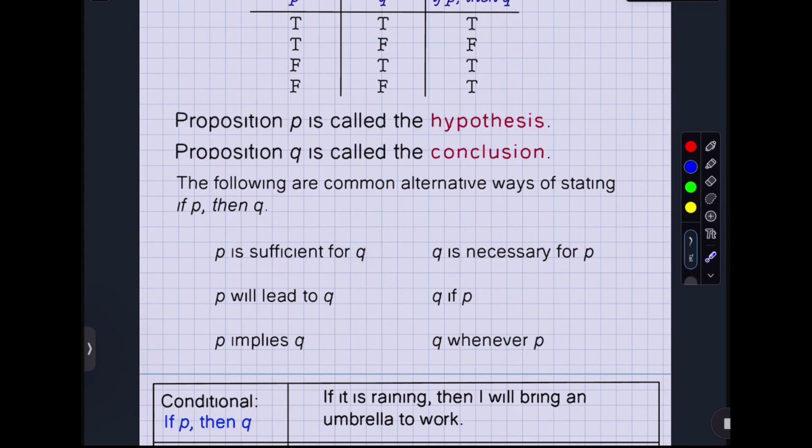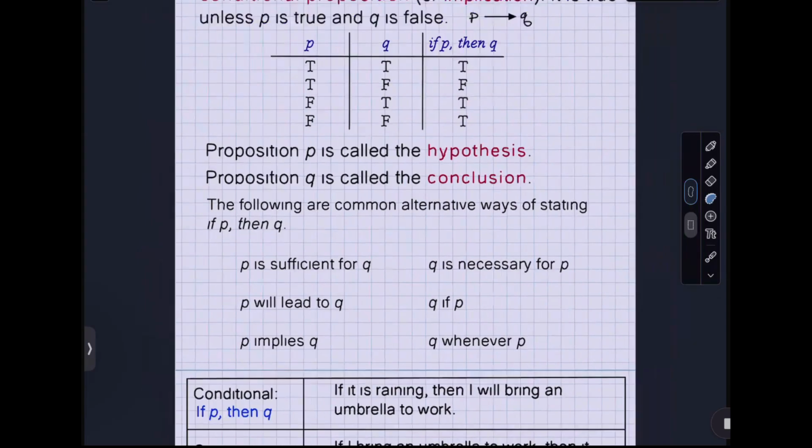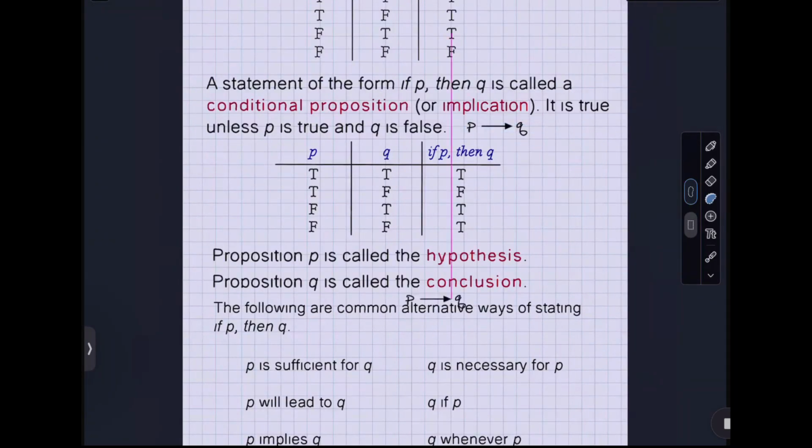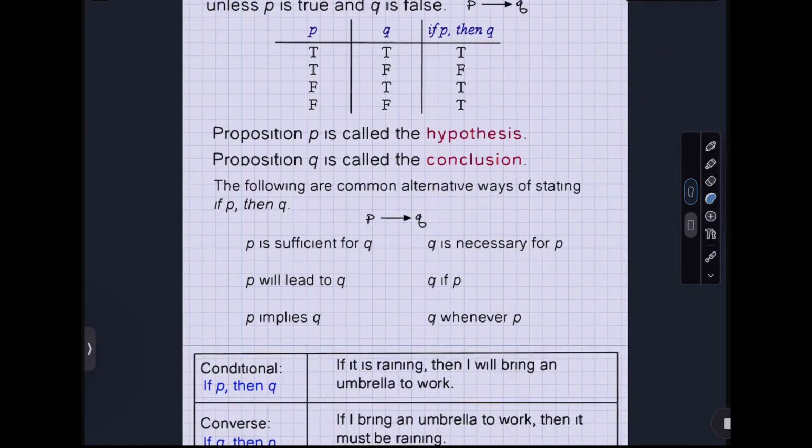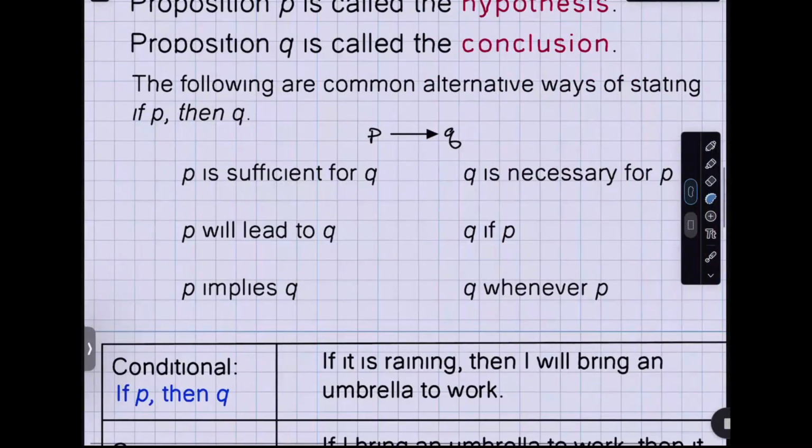So these 6 right here are all the same as if P, then Q. Notice, however, please notice, that all of these are still talking about the same thing. Notice with the wording on the right column here that the Q in the wording came first, but it's still P then Q.